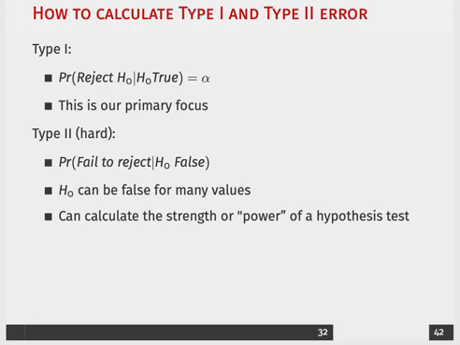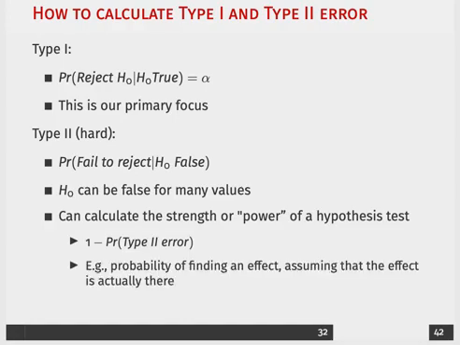One way in which we try to overcome this is to calculate the strength or the power of our hypothesis tests, and that's considered 1 minus the probability that type 2 error is going to occur. So essentially what we're doing is we're trying to say, given that an effect is actually there, what is the probability of us finding it?